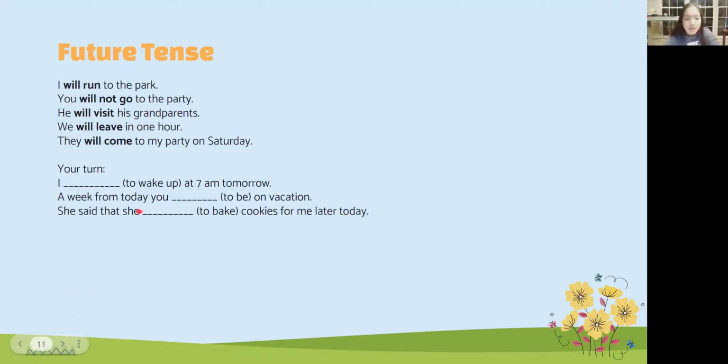Same thing for this one. You have to include the will in front. Will run, will leave. So this one, she will bake. Can you say that? She will bake. Yeah. So she said that she will bake cookies for me later today. Very good. Good job, Lucy.